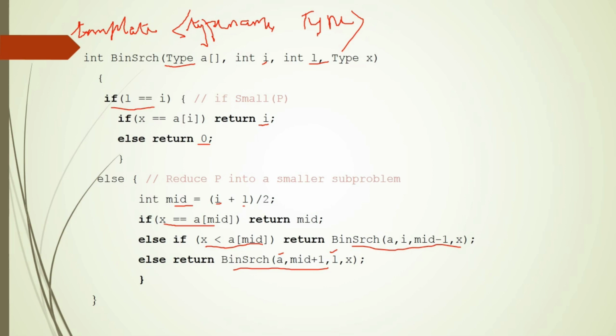So we are looking for the condition if L is equal to I. That means you have only one element. Now check whether X is equal to the element at this ith index. If X is equal to A of I, then return the index, that is return I. We are returning the position where X was found. If the element was not found, we return the value 0.